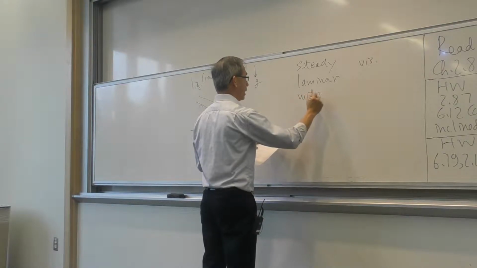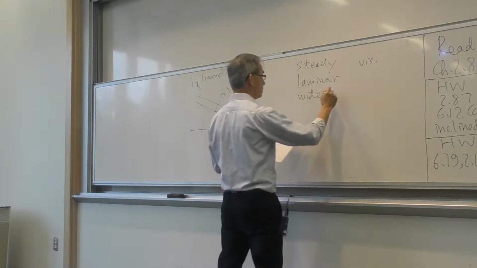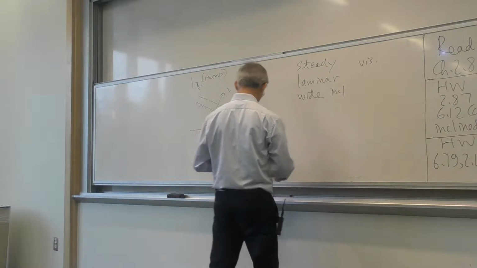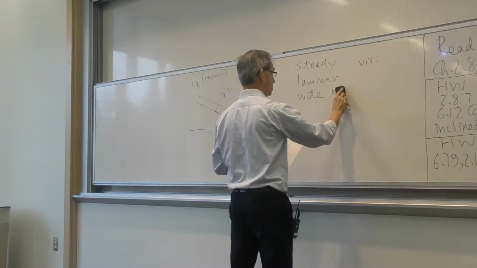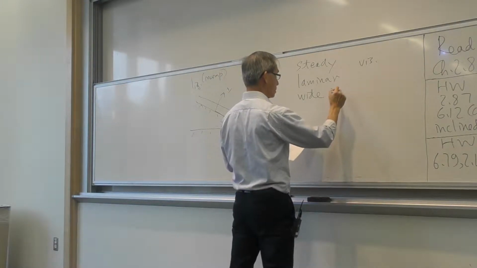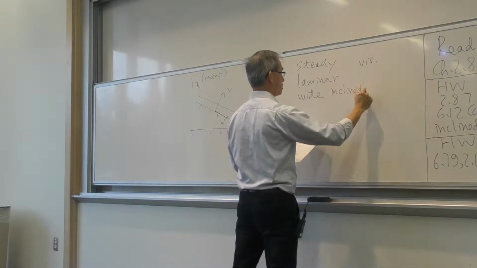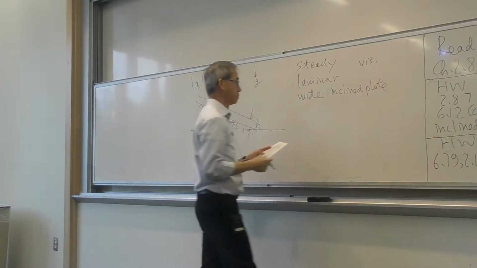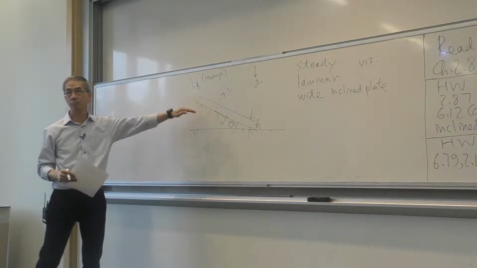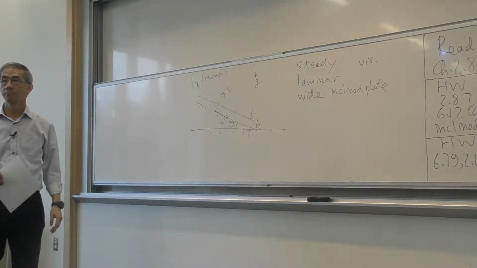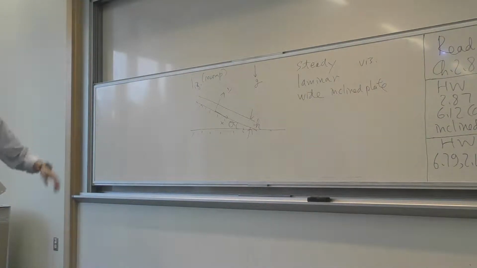This diagram represents a very wide plate. What does that mean to you? Wide inclined plate, meaning it's very big into and over the board. So what can you assume? What does that mean to you in layman's terms? Anyone else?